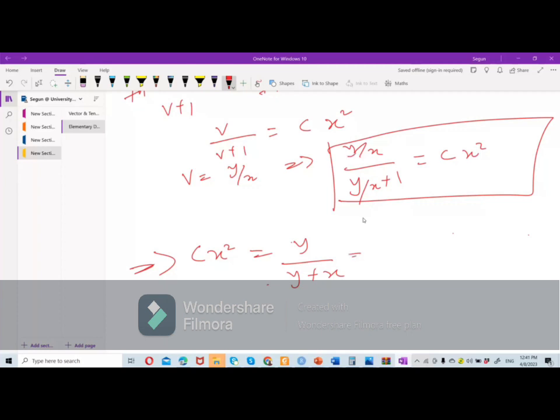It will cancel, which implies that we have cx squared in brackets, y plus x, so equals to y.